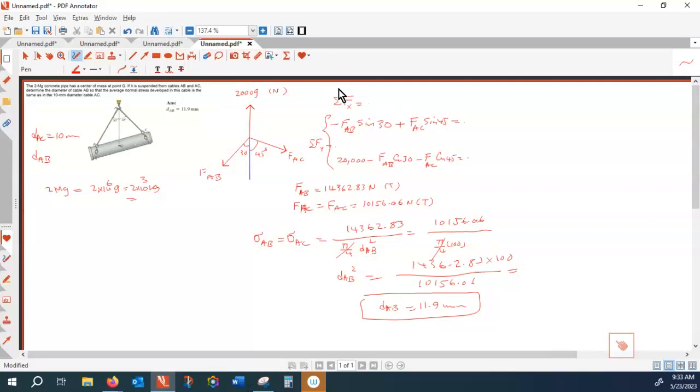When you wrote the values for the forces in the y direction, you also put the forces in the x direction with it. With the x, there are only FAB and FAC, but in the y direction, that's the second equation. That is 20,000 upward positive, and then the components of these two forces on the y-axis.